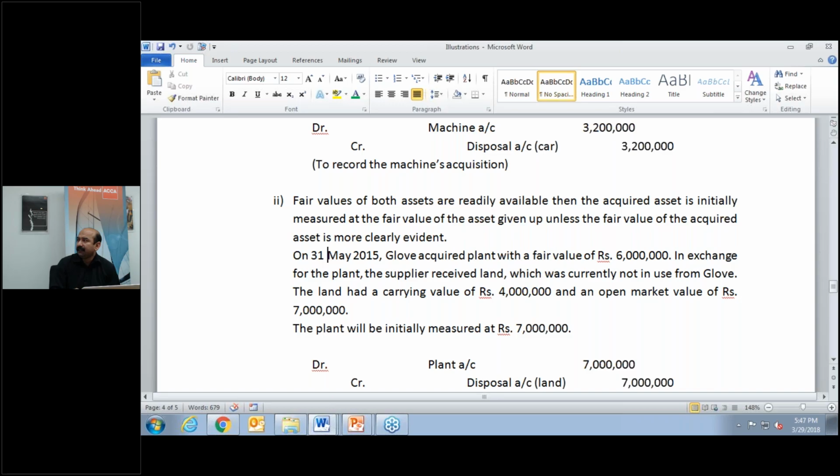Here we have recognized it at 7 million. This is the example where the fair value of both assets is available. But because the asset given up is being valued on an open market basis, that is more clearly evident, so you will be using that. Okay.